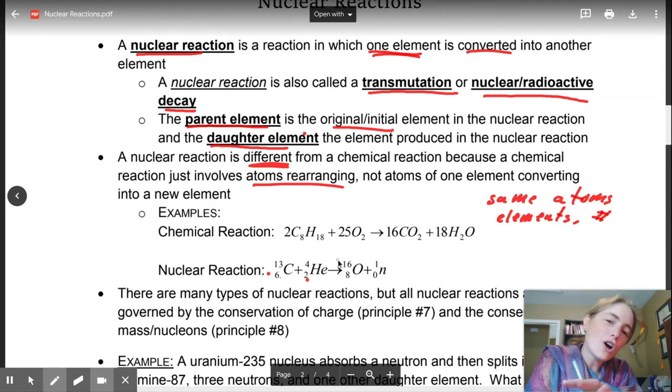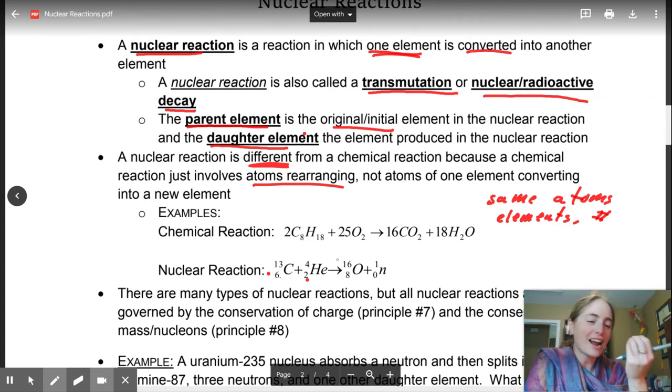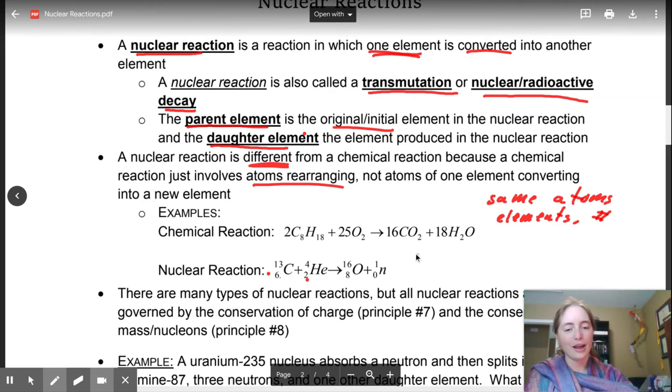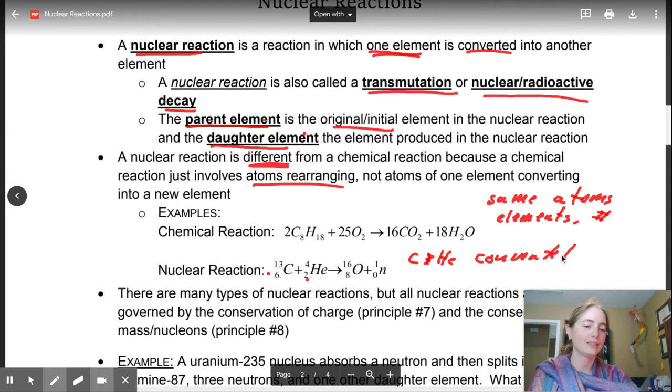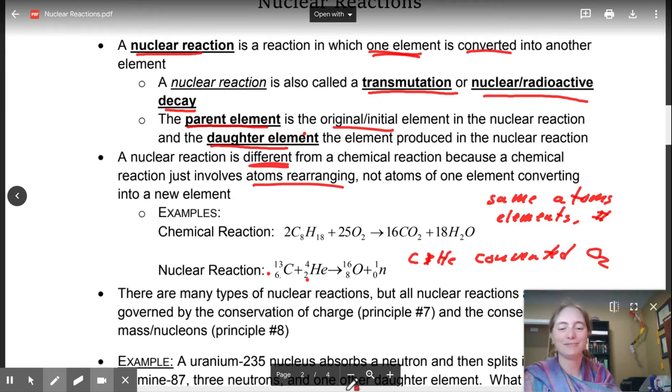So the law of conservation of mass still applies. It's just that we're now looking at it at the level of the nucleus. So here we have our carbon and helium being converted into oxygen. Sounds good? Awesome.